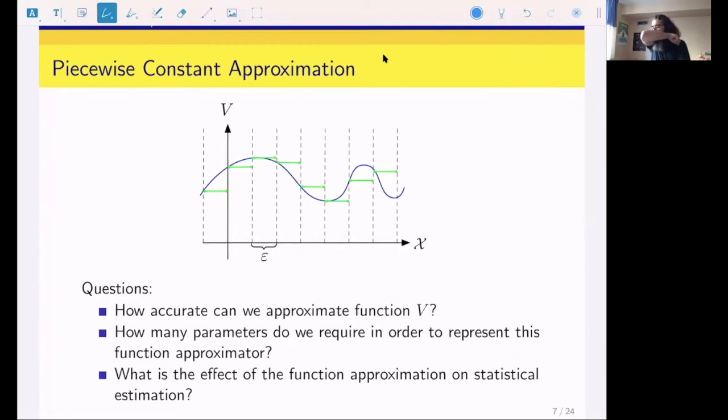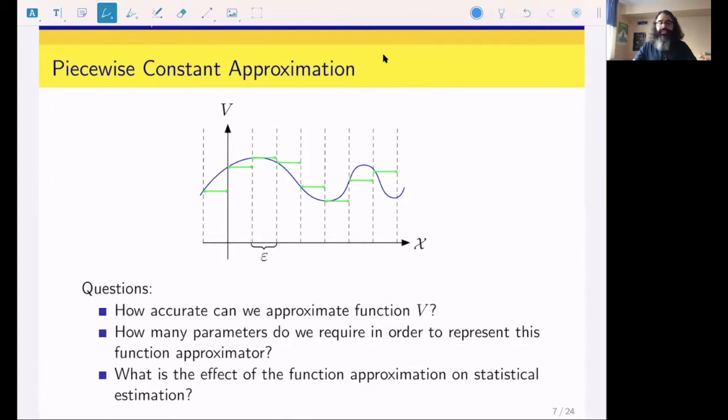So there are a few questions that we can ask when we choose a function approximator. One is how accurately we can approximate the value function v using this function approximator. The other question is how many parameters we need in order to represent a function with a certain accuracy.